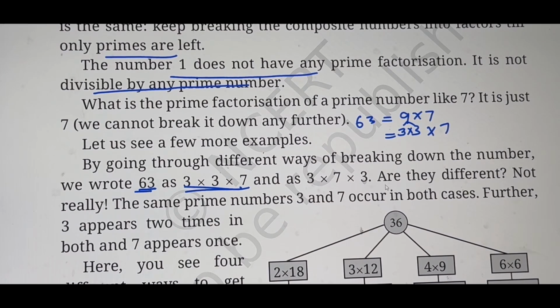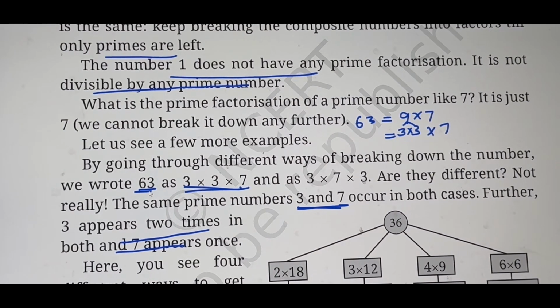Are they different? No, they are not different. You get the same prime numbers, 3 and 7, in both the cases, right? So the order does not change anything. 3 appears 2 times and 7 appears once, and that should be the same. Otherwise, the order does not affect the prime factorization.